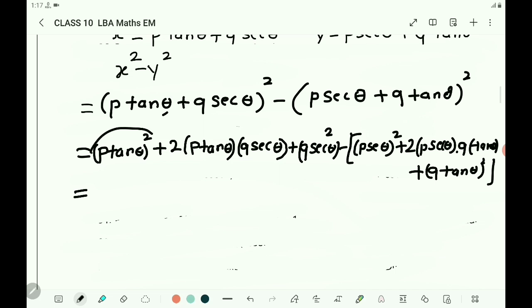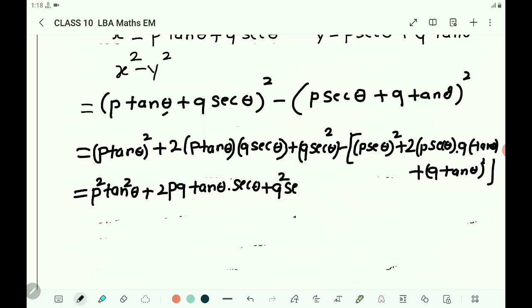The next p tan theta whole square is p square tan square theta plus 2 into p into q, 2pq tan theta secant theta plus q square secant square theta minus, here change the sign of each term as there is negative sign before the bracket, that becomes p square secant square theta plus 2pq secant theta tan theta.